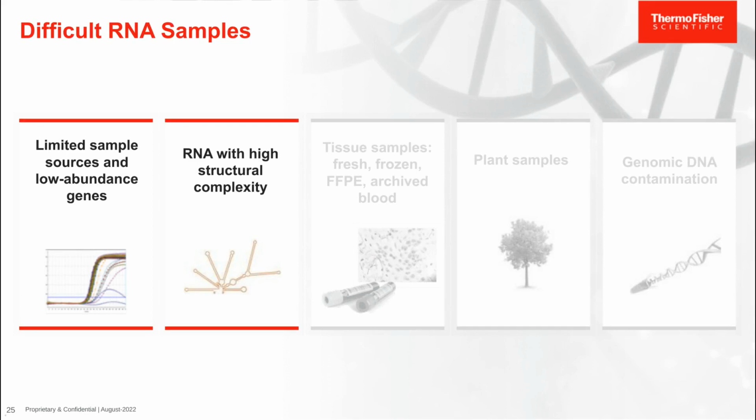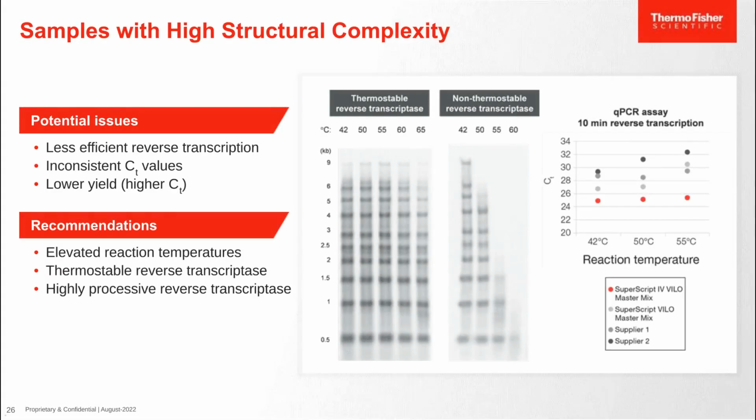Okay, now let's discuss another RNA sample challenge, RNA with high structural complexity. As previously stated, reverse transcription has a tendency to be less efficient when working with RNA that is rich in secondary structures. These structures can hinder your enzyme from reading through the RNA template, thus resulting in lower yield and inconsistent CT values.